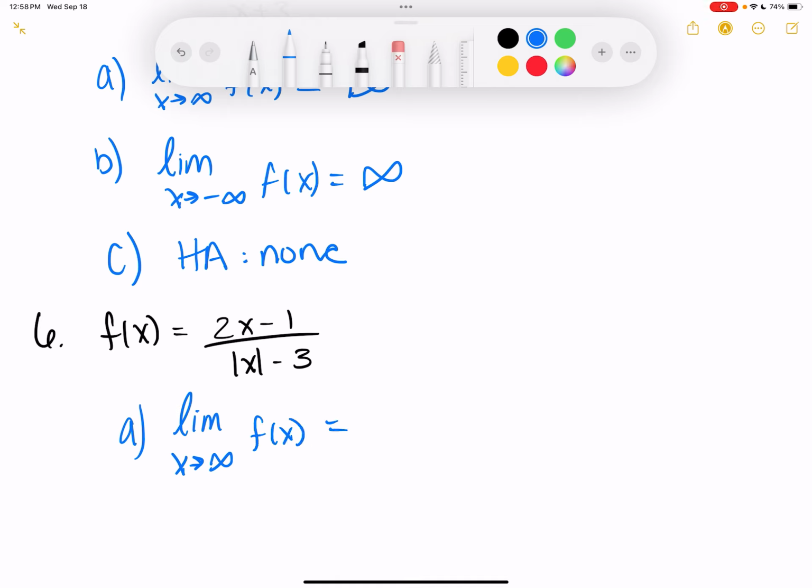Infinity. Positive infinity. The limit as x approaches negative infinity. Or wait, that's not right. What do I have?